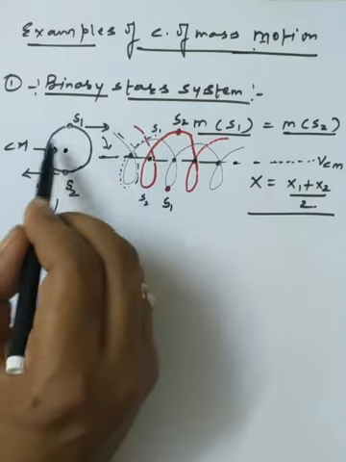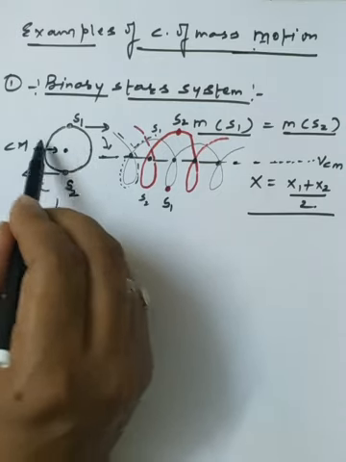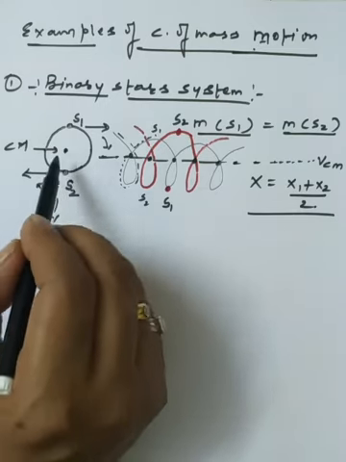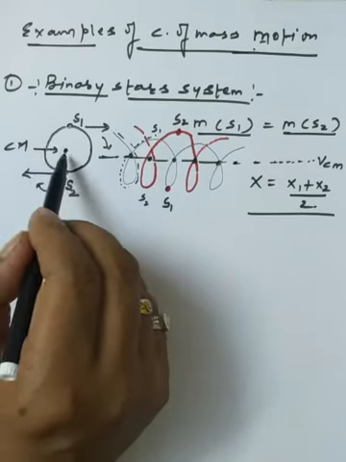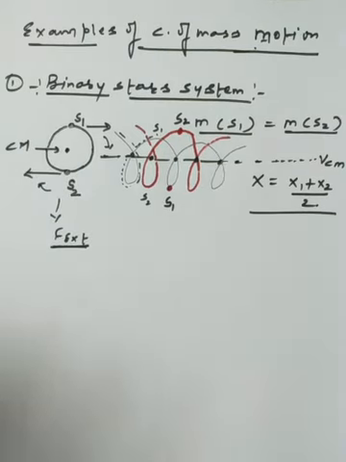All the time they move on the periphery, they are diametrically opposite, so the center of mass always lies at the midpoint of the line joining them. This is the basic concept of the center of mass.